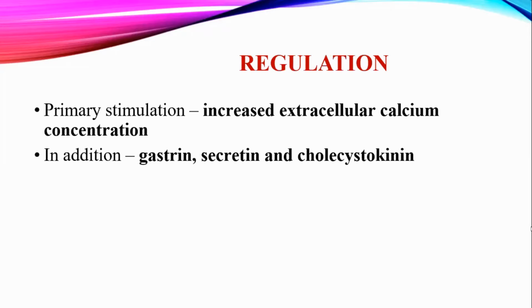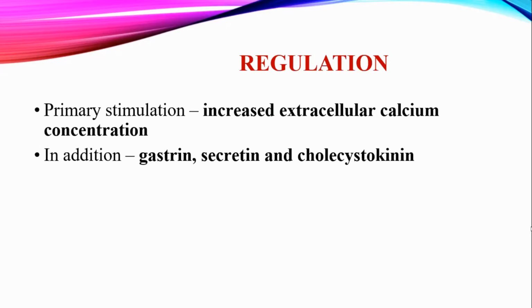Regarding regulation, the synthesis of calcitonin is enhanced by increased extracellular calcium concentrations. It is just an antagonist of parathyroid hormone. The synthesis of parathyroid hormone is stimulated by low extracellular calcium, that is, a low concentration of calcium in the serum.